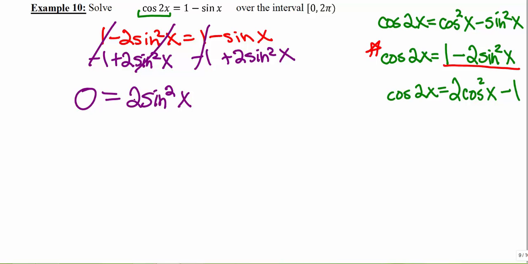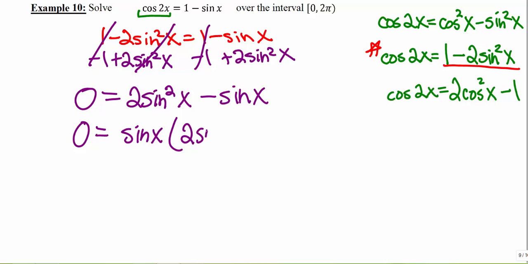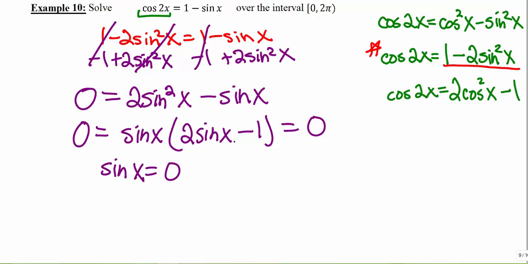So I'll write positive 2 sine squared x minus sine x, and I am going to factor out a greatest common factor, which would be sine x. So I have sine x times 2 sine x minus 1 equals 0. And now that I've factored out my GCF, I'm going to set each one of the factors equal to 0.